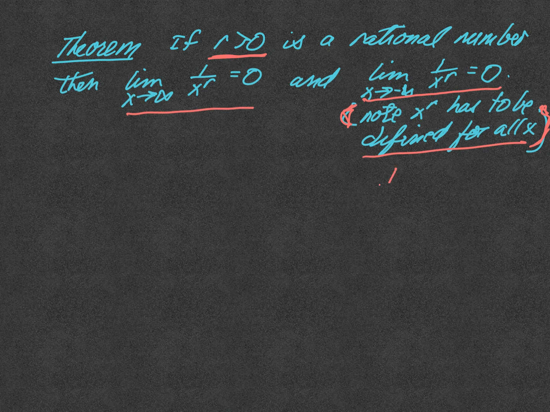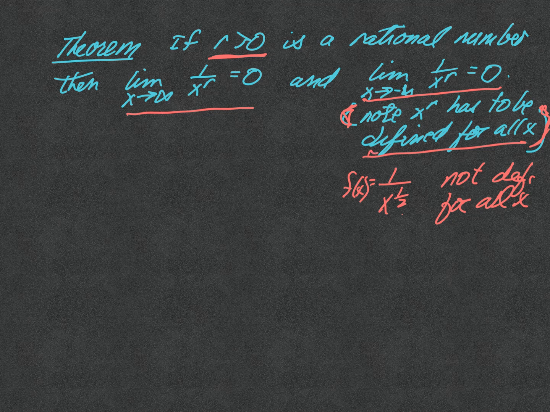So if we have 1 over x to the 1/2, if that's our function, then it's not defined for all x, because x to the 1/2 is the square root of x, and we can't take the square root of negative numbers. So the r's that work are like 1/3, x to the 1/3 power, because we can take cube roots.